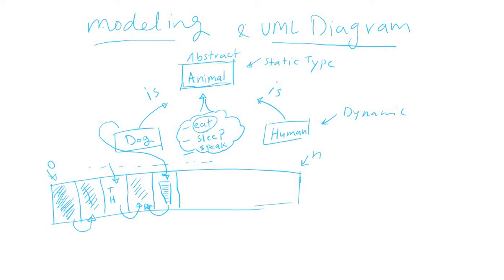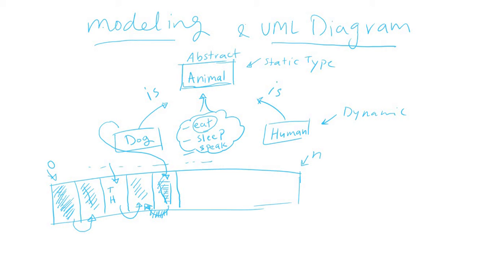As soon as the reference is gone, there is a mechanism in, for instance, the Java virtual machine called the garbage collector, which will free this piece and make it available for another instance.